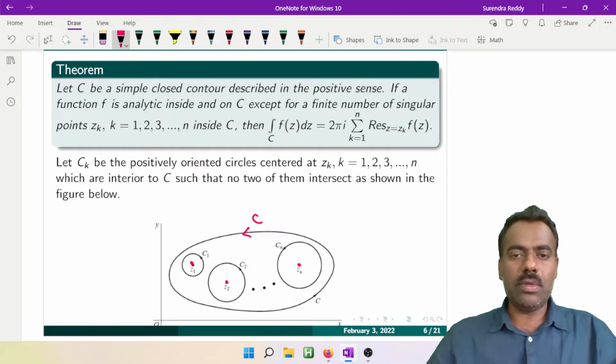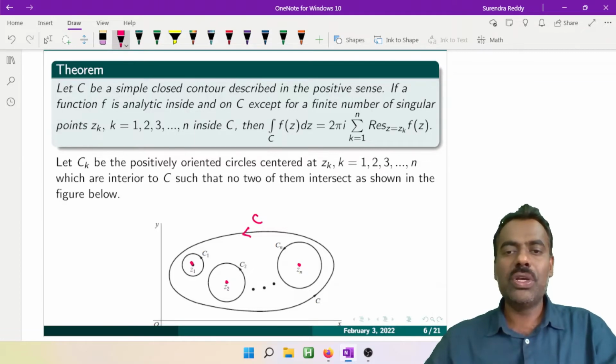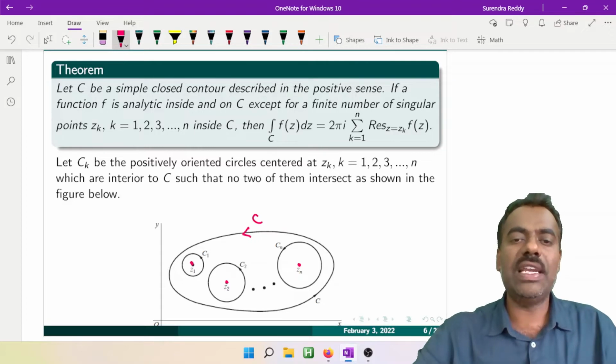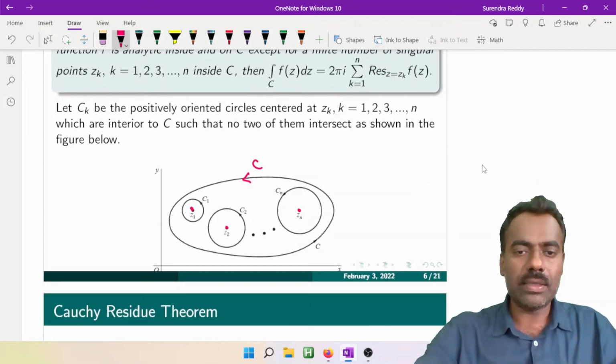If it has no singular points, then this sum is 0, so obviously the integration is equal to 0. If f is analytic everywhere inside, with no singularities, we have already seen that.